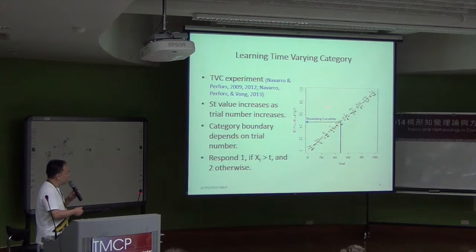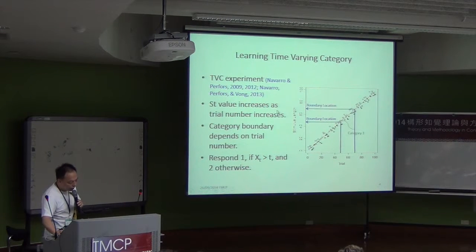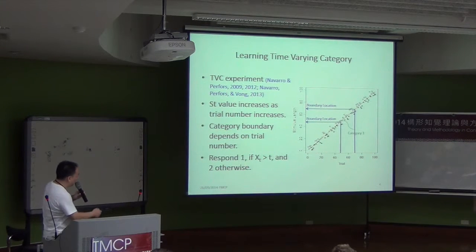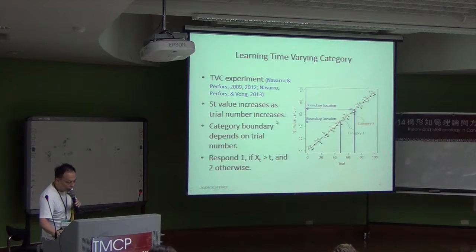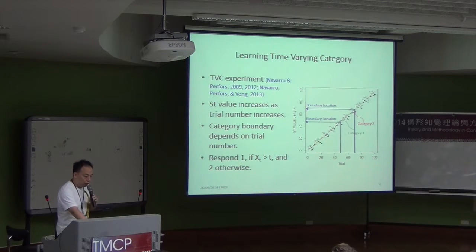Let's say it's category 1, and the lower one is category 2. However, when you move on to some other trials, the boundary moves up, and if you have an item on this trial that happens to be here, then you say, okay, it's smaller than the category boundary, so it should be category 2.